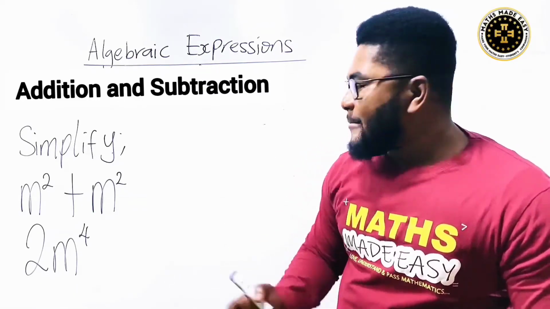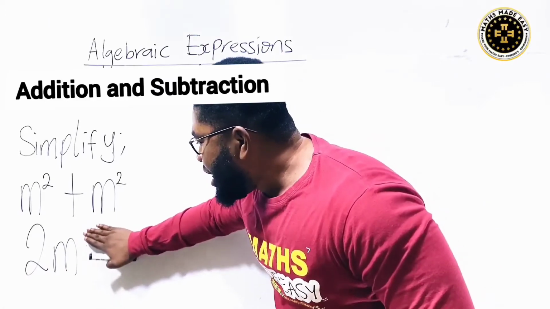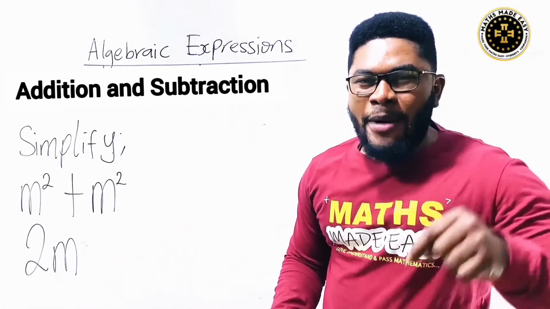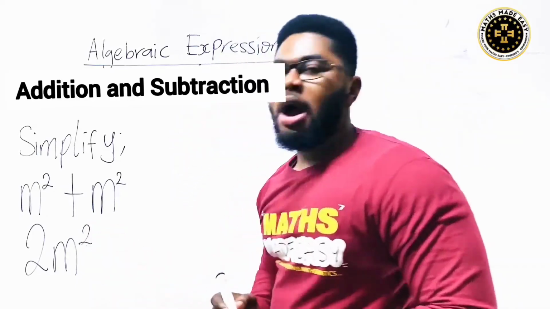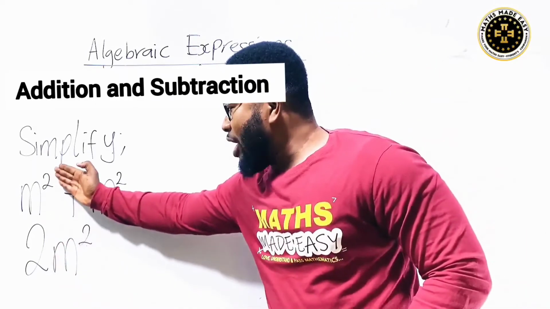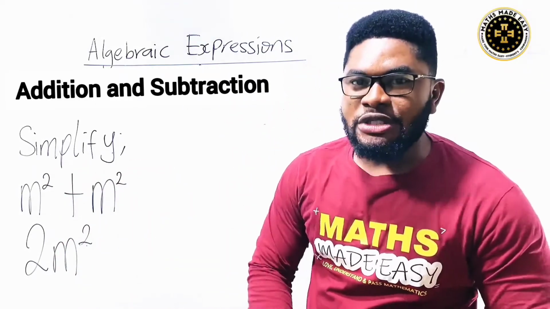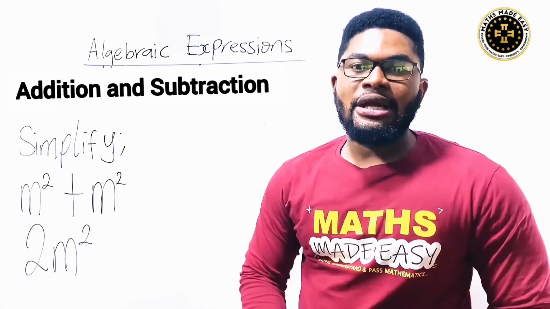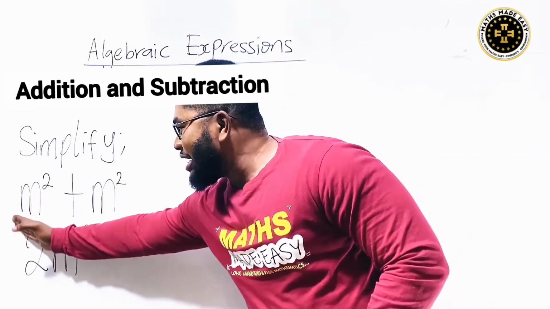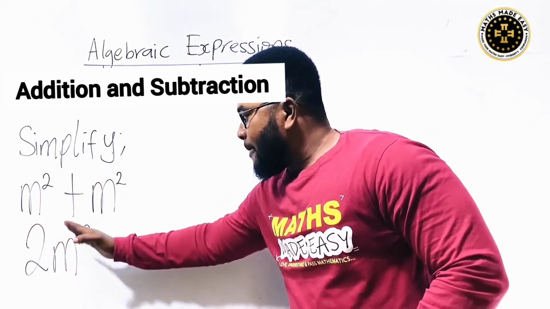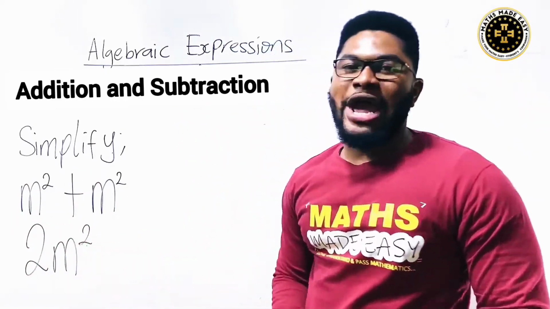The power must continue to be the same, even in the final answer. The power will still be 2. Why? Because m squared have the same variables, same powers. That makes them like terms. So the power for the final answer remains as 2. 1 of the m squared, another 1, making 2 of the m squared.